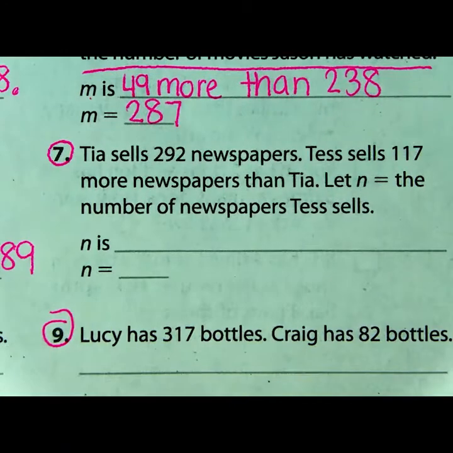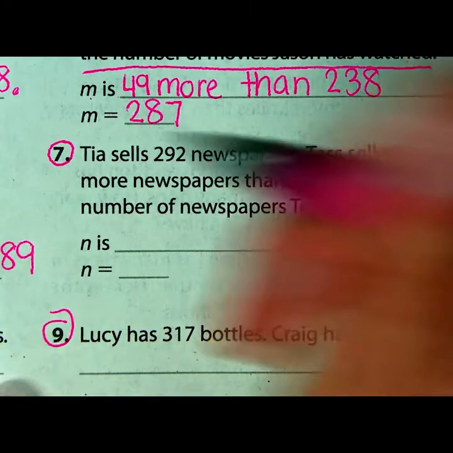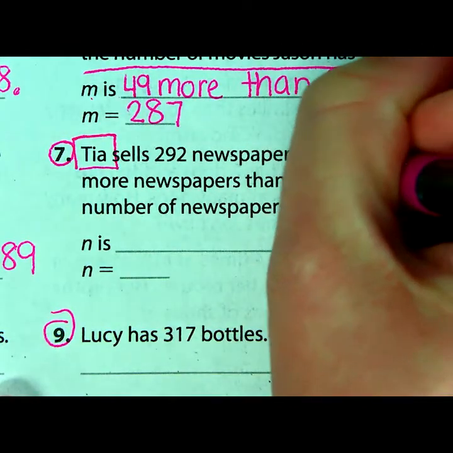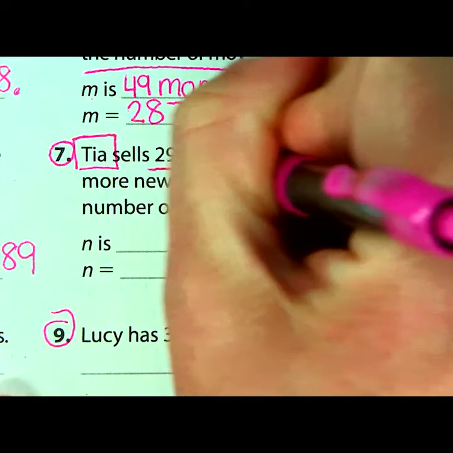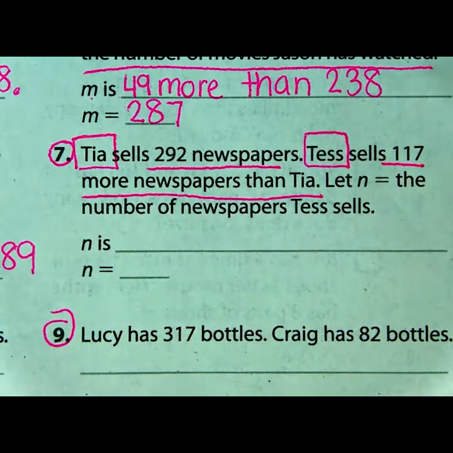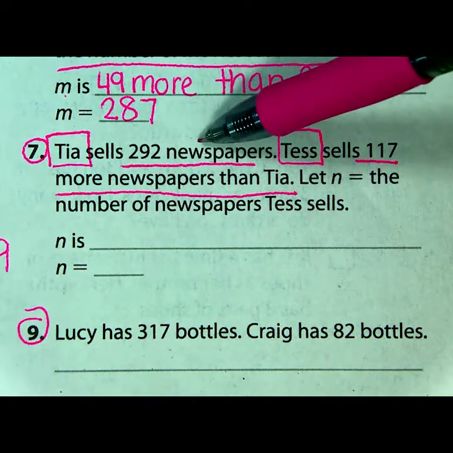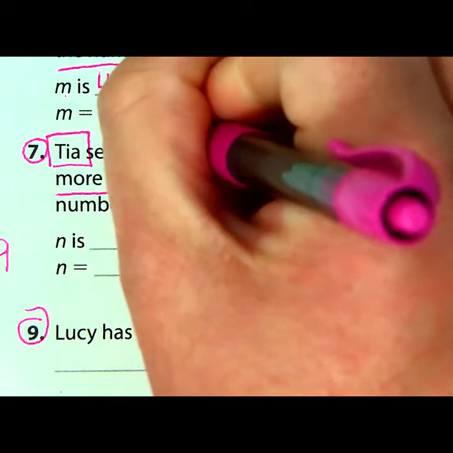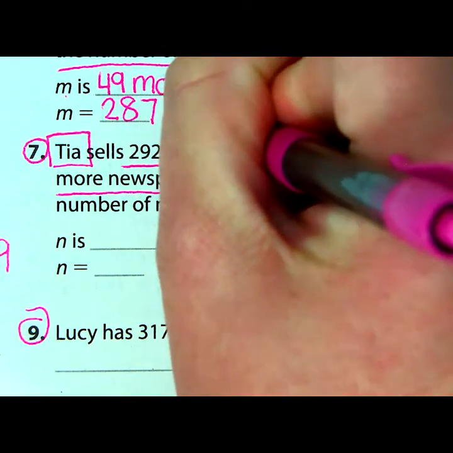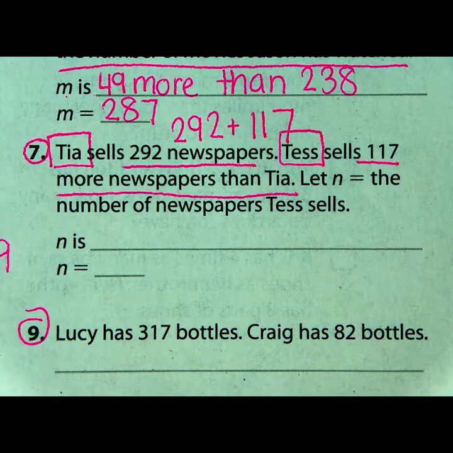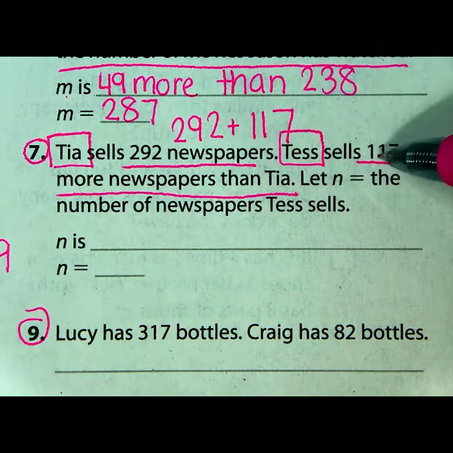Tia sells 292 newspapers. Okay. So we're comparing Tia to, I guess, her friend Tess. We are comparing the number of newspapers that these 2 ladies sold. So now let's look at the problem. Tia sells 292. Tess sells 117 more than Tia. To me, that sounds like an addition problem of 292 plus 117. She didn't sell 100 times as many. She sold 117 more than Tia.